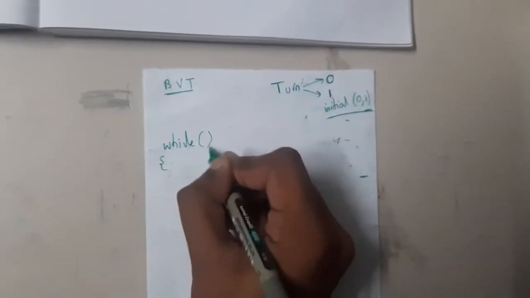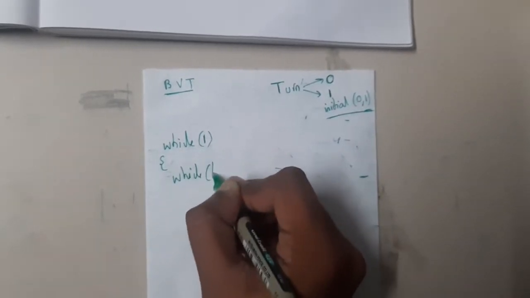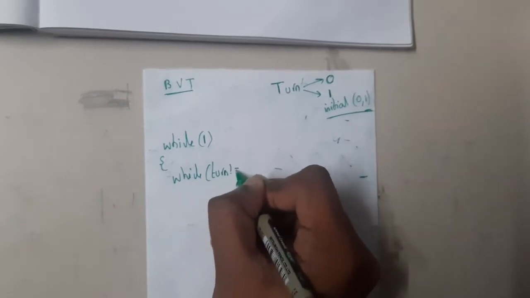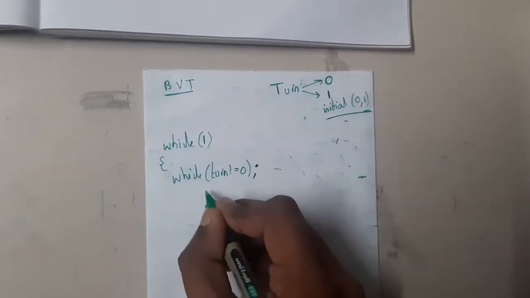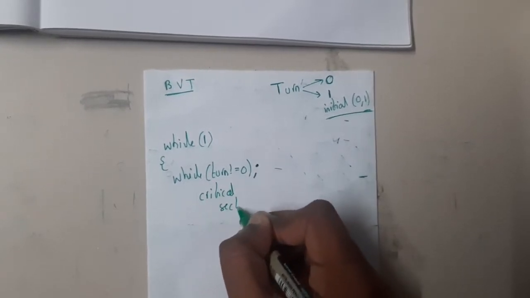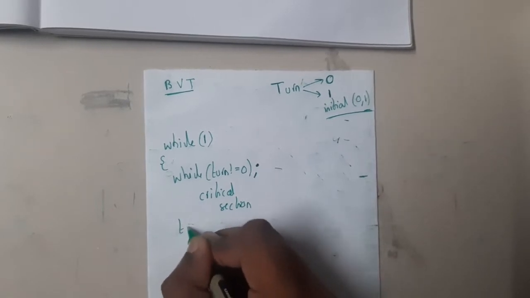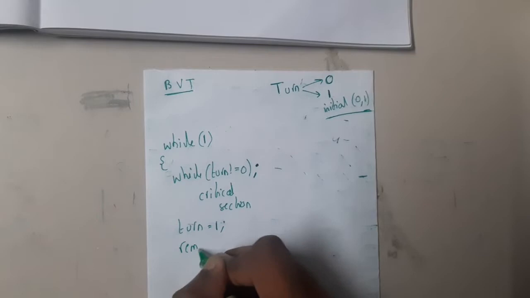So while (1), okay, so while (turn != 0); with the semicolon, guys, I'm clearly saying with the semicolon. You will understand why I wrote that semicolon. Then the critical section, turn = 1, remainder section.